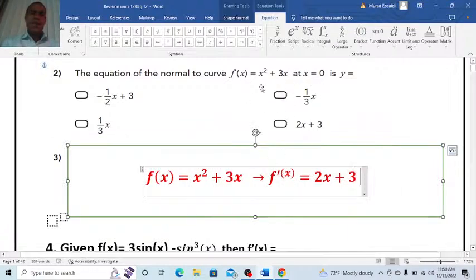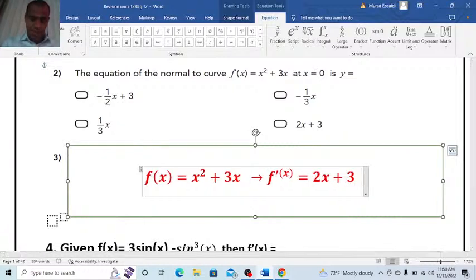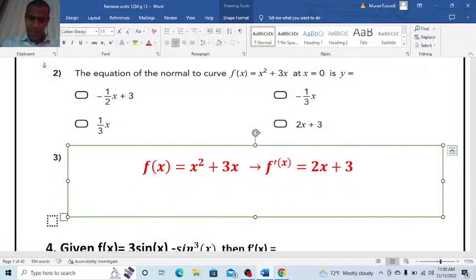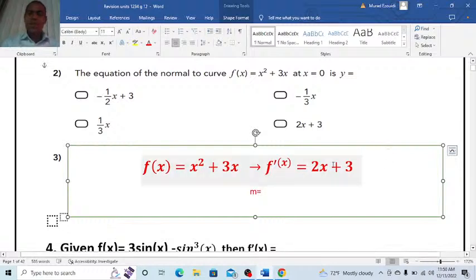Now I'm going to find the gradient of the tangent to the curve. I'll write the gradient m is equal to what? Small m equals, I will just substitute x equals 0 in my equation.